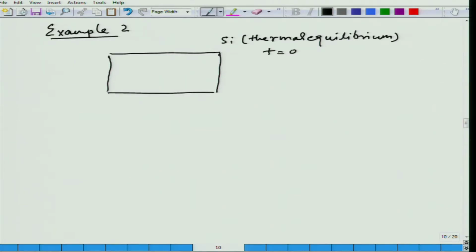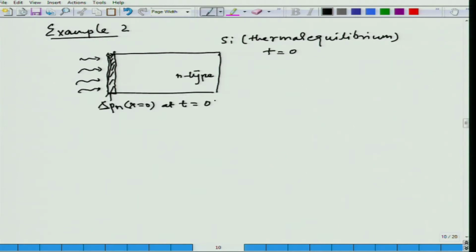At the thermal equilibrium, and then I shine light at an edge at time t is equal to 0, and I am generating a carrier concentration. Let us say again, this is an n type material, and I have generated excess carrier concentration at x is equal to 0 by shining light on it at t is equal to 0, and then I stop shining light.